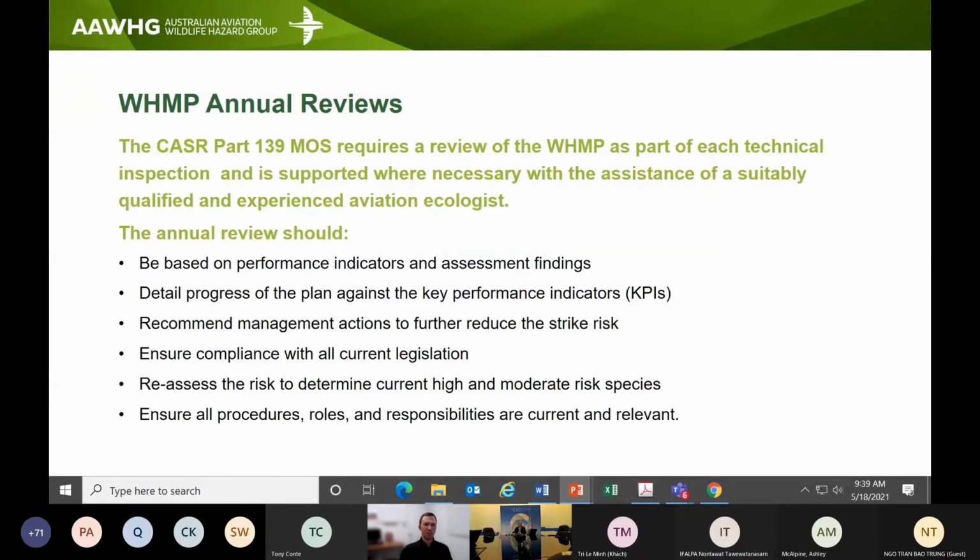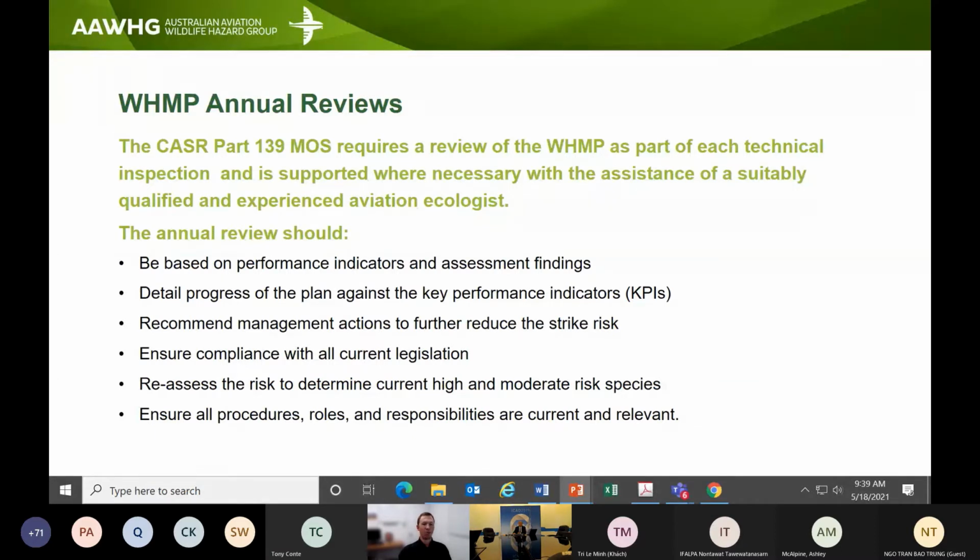Each annual review should be based on performance indicators, assessments and findings, detailed progress plans against the KPIs or key performance indicators, recommended management actions to reduce further strike, and they need to ensure they compile all the current legislation and reassess the risk to determine the current high and moderate risk species.